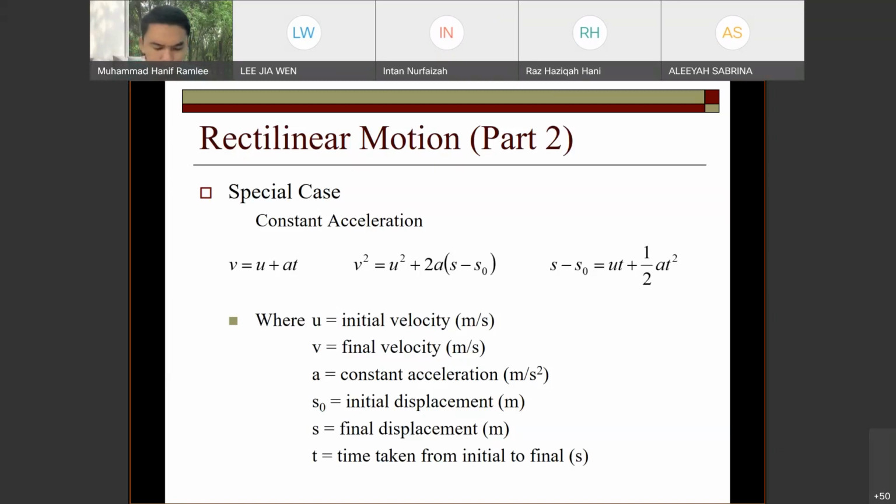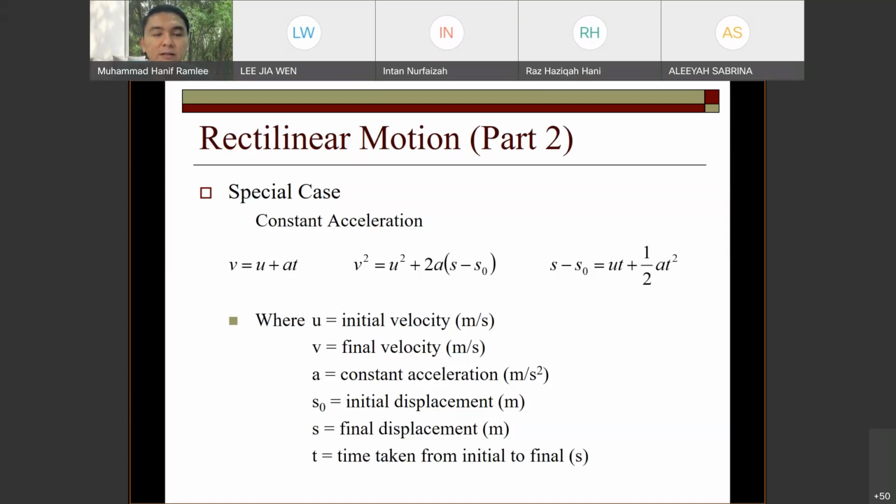I believe that you already know, but let's go through again. U is the initial velocity, the unit should be meter per second. If the question gives you kilometer per hour, like yesterday, you have to convert into meter per second.